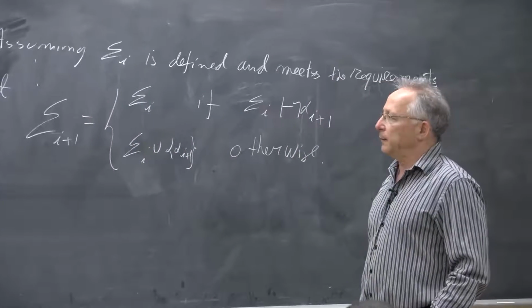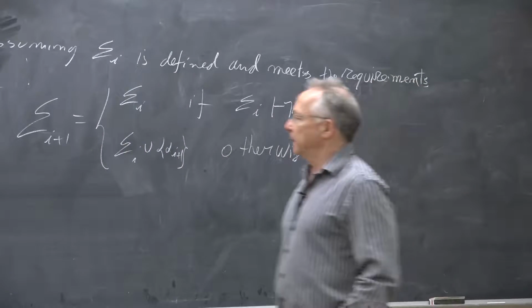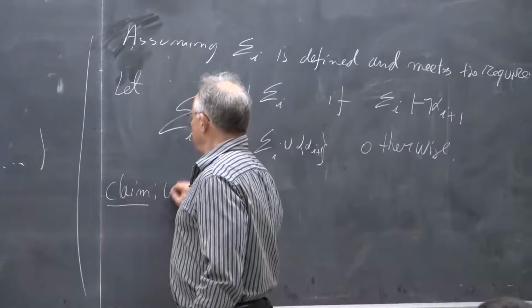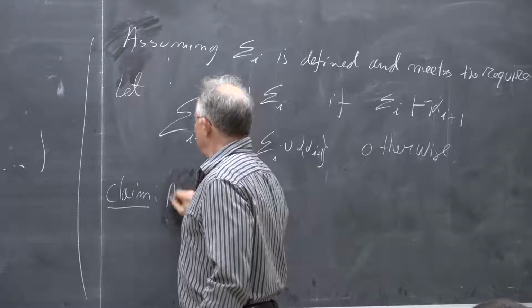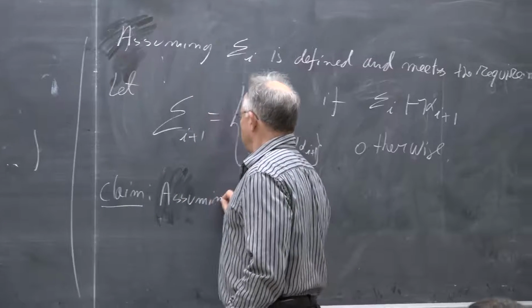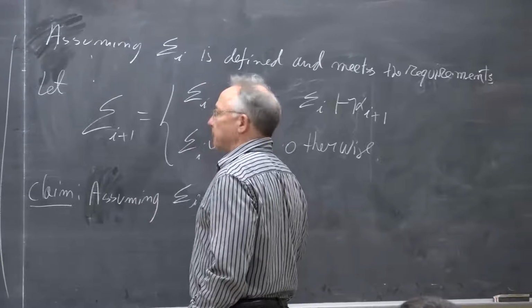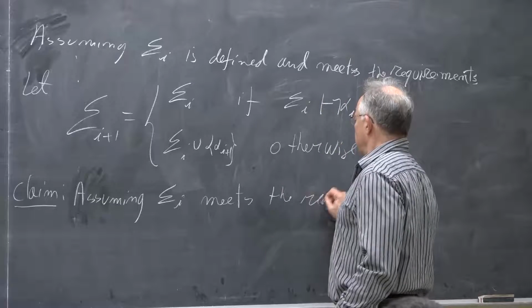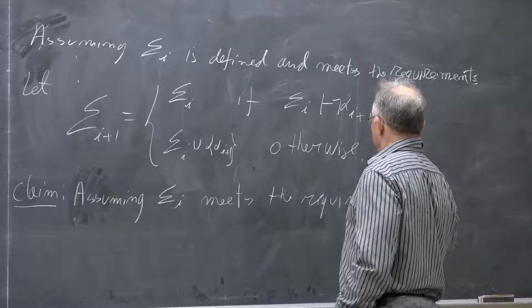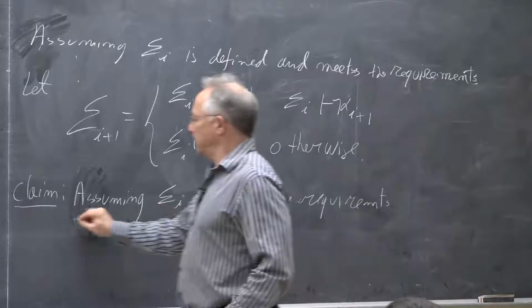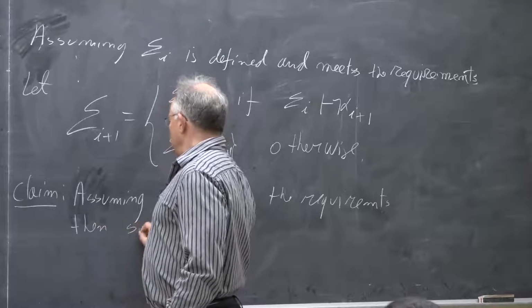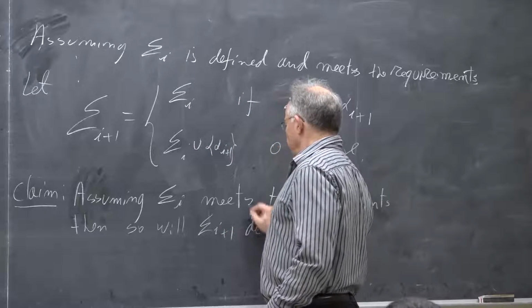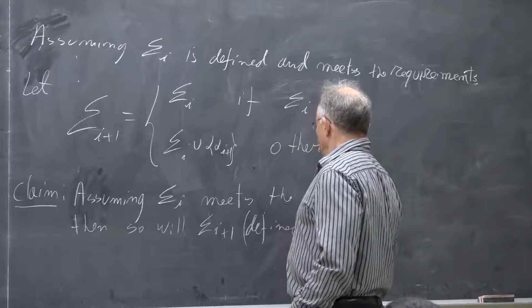The only thing that we need to prove is the claim that, assuming sigma I meets the requirements, then so will sigma I plus 1 defined above.